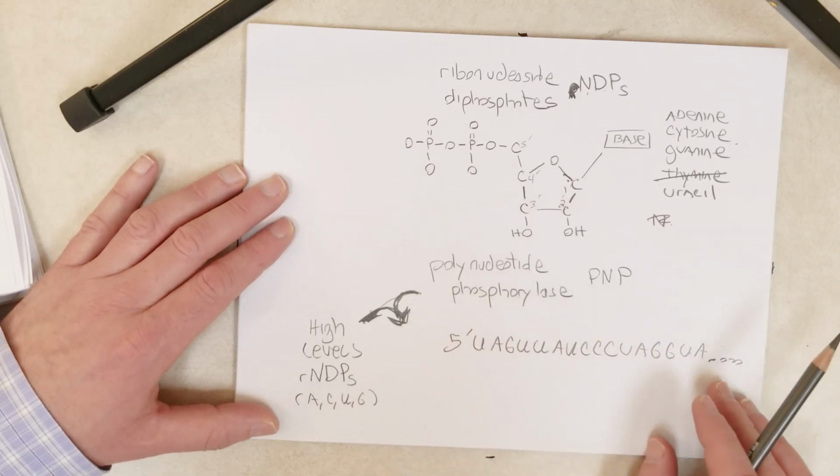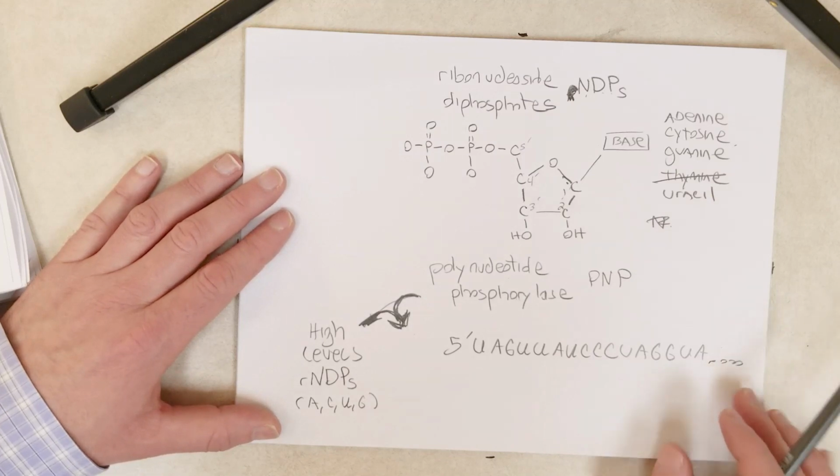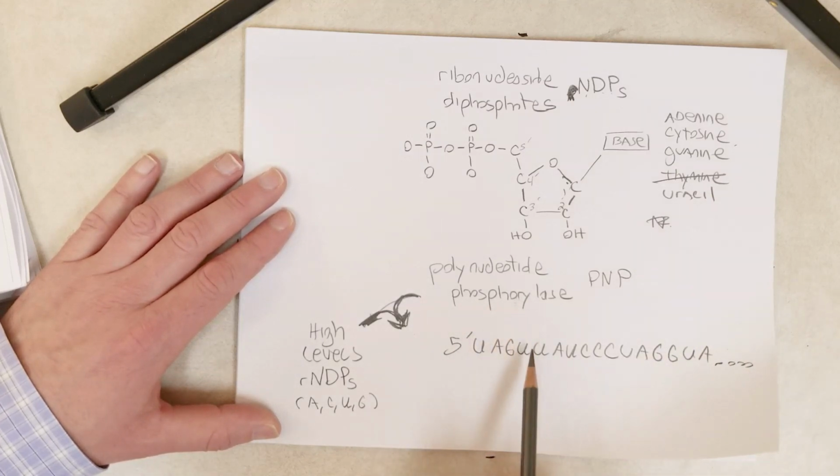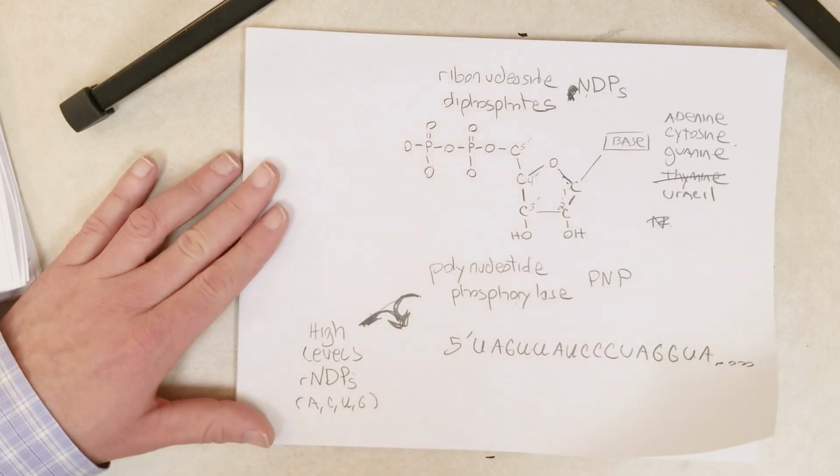I don't know if every enzyme that catalyzes a reaction can do that, but this is one of them. So it normally breaks long chains down into individual RNDPs. But if you give it high levels that it normally doesn't encounter, it will do the opposite. It will make long chains.